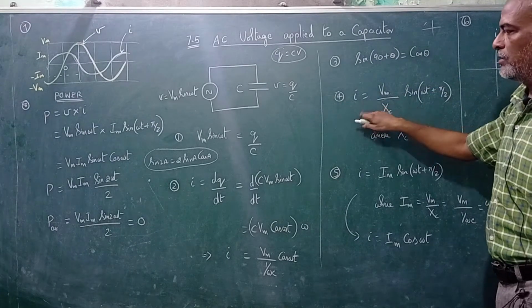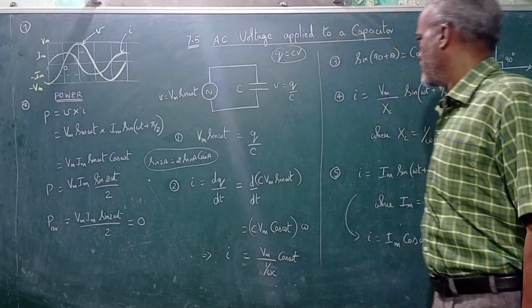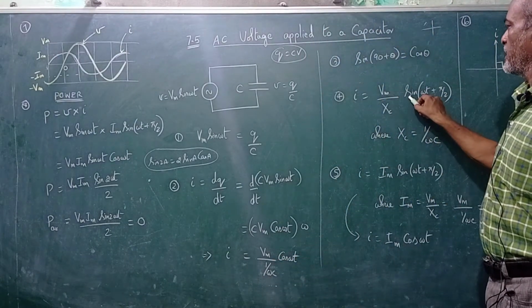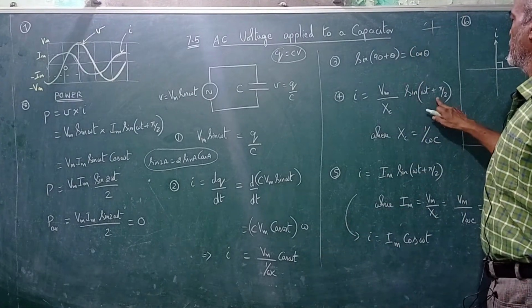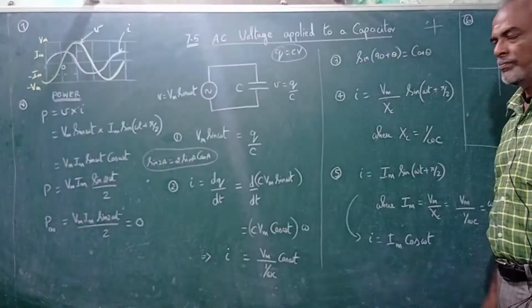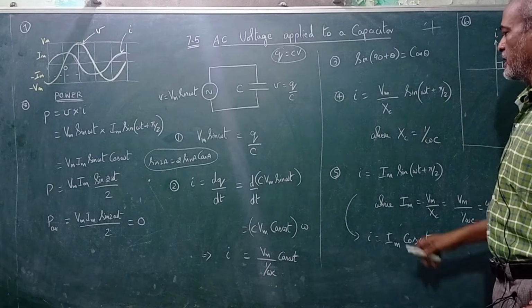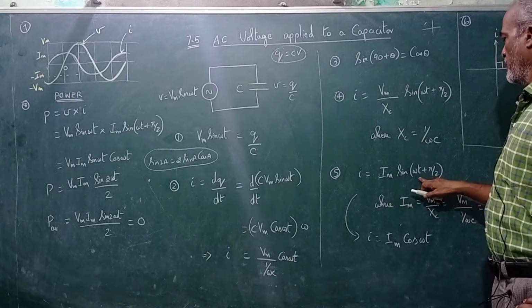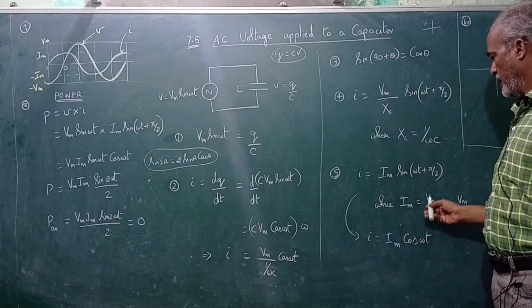Now I is equal to, from this equation, Vm by Xc. What is Xc? 1 by omega c. So this cos omega t can be written as sine omega t plus 90, where Xc is equal to 1 by omega c. Therefore, the current is equal to Vm by Xc, which can be written as Im sin omega t plus pi by 2, where Im is equal to Vm by Xc.